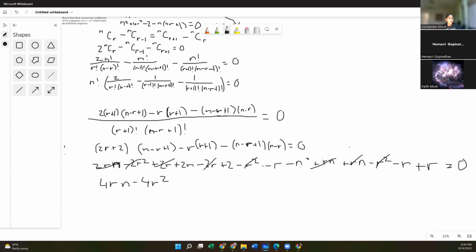Any other instances of r? We have a minus r and a plus r, right? So you should get minus r. But did I do something wrong? I think I did.